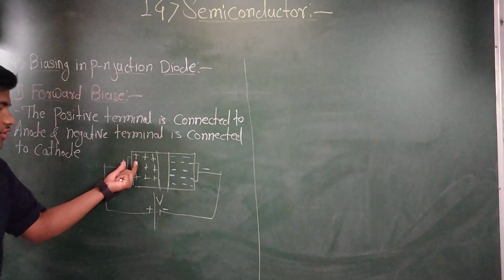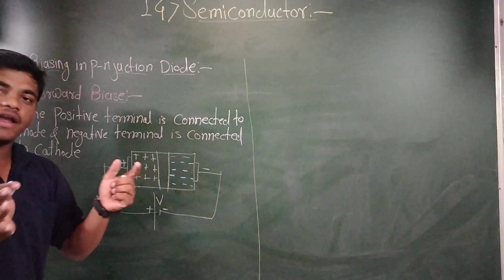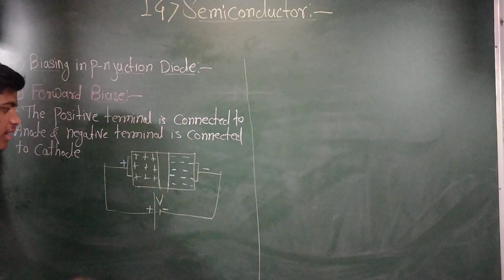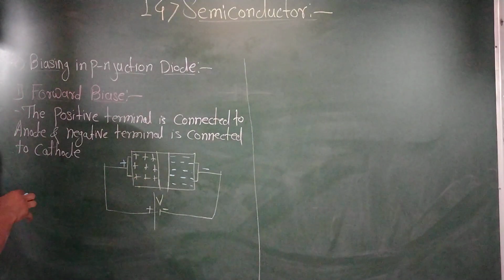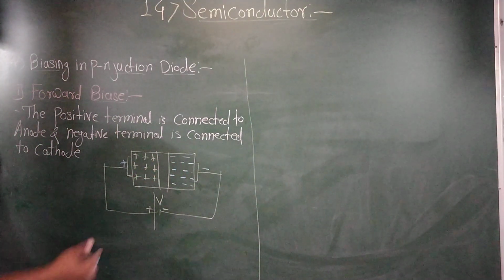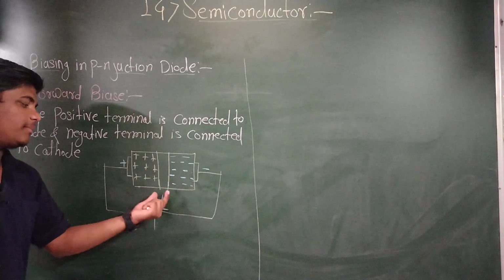Positive gets repelled by positive, and negative gets repelled by negative. Then the force from the positive terminal at the anode, and the negative terminal, that means electrons, from the cathode are applied on the depletion layer.